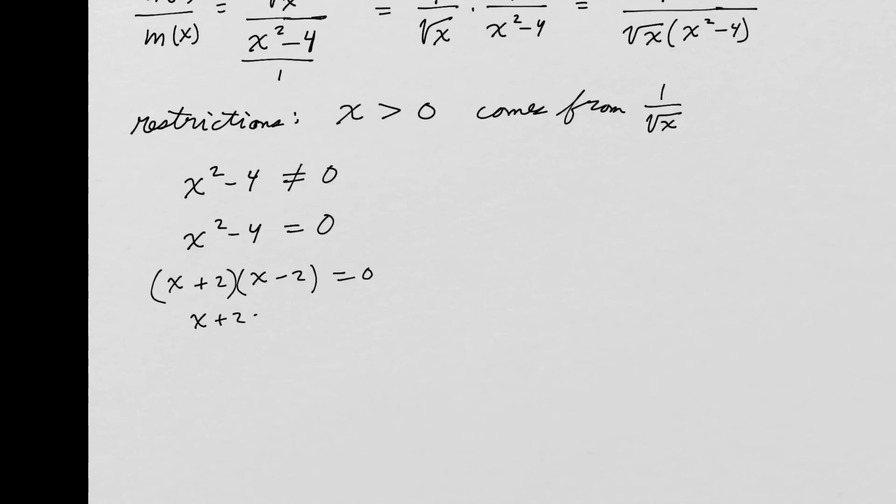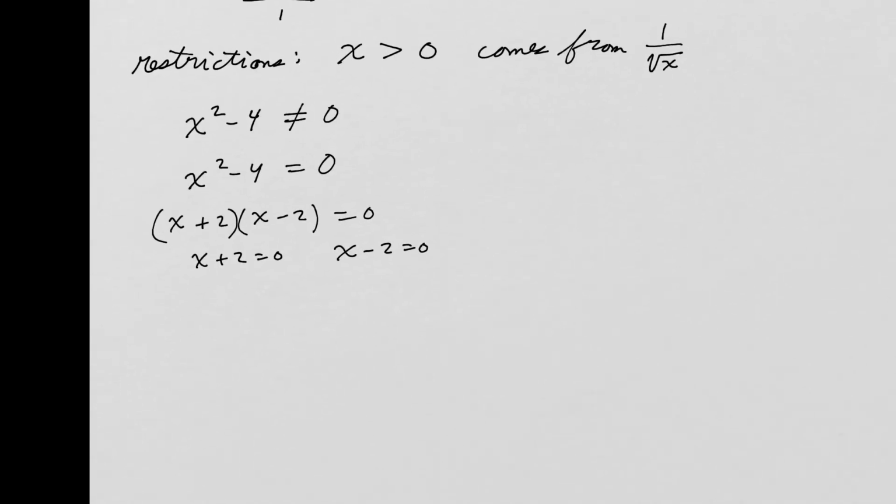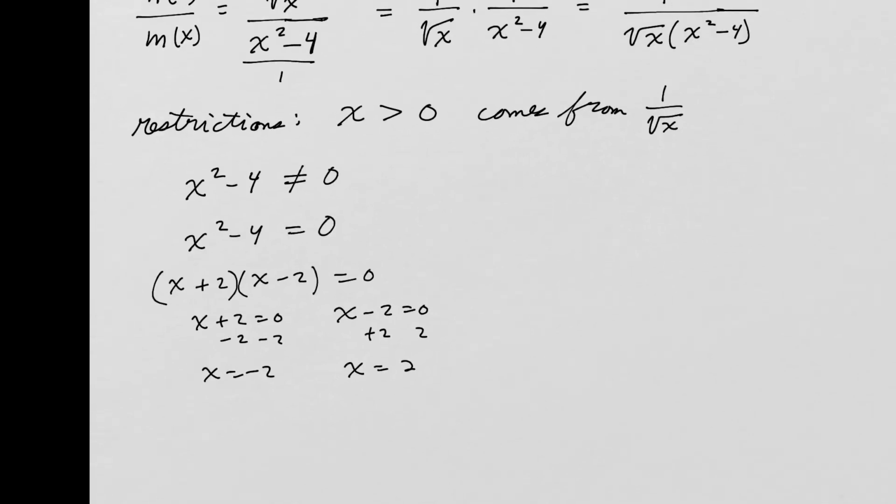One solution is x plus 2 equals 0, so x equals negative 2. The other one is x minus 2 equals 0, so x equals positive 2. And then we already know from the square root that x has to be greater than 0.